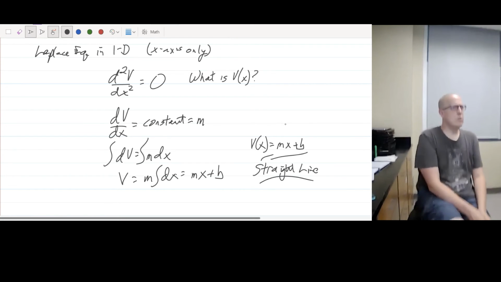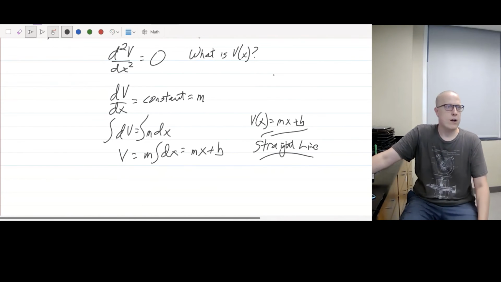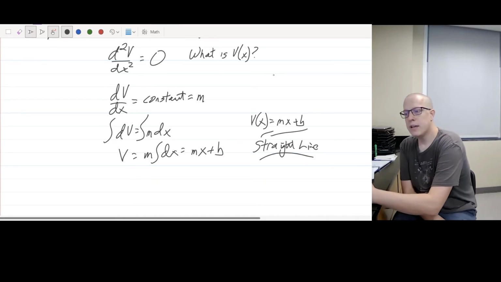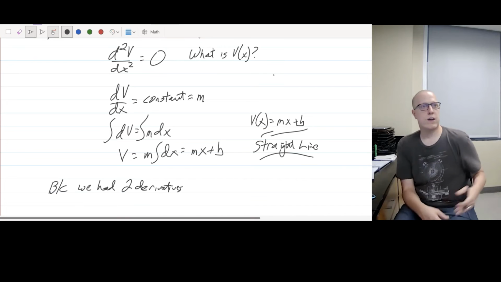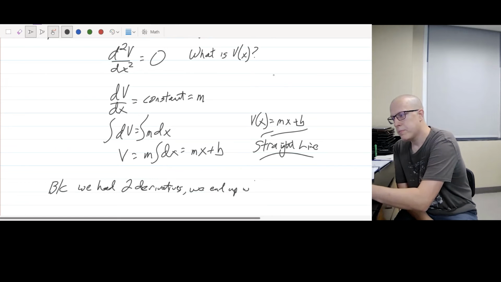right? And so this also brings up another important point about Laplace's equation, and really any kind of differential equation, which is that because there was a second derivative, because we had two derivatives with respect to x, we end up with two arbitrary constants.